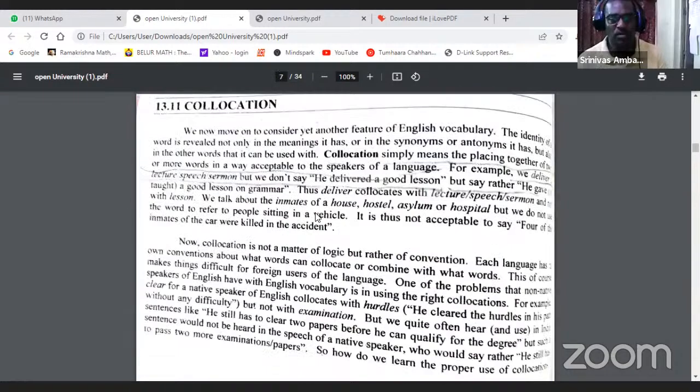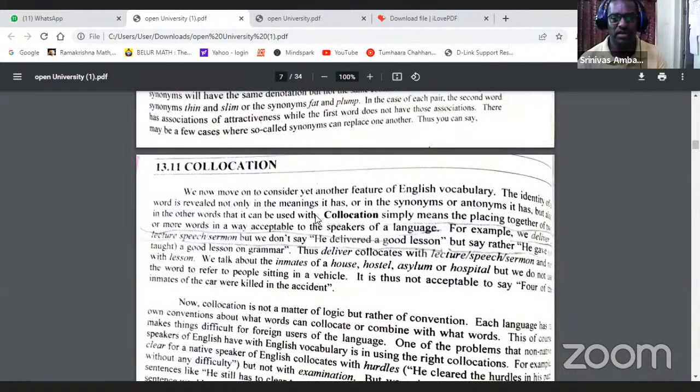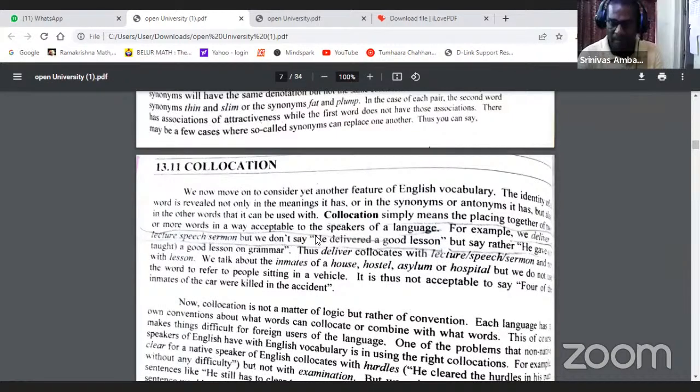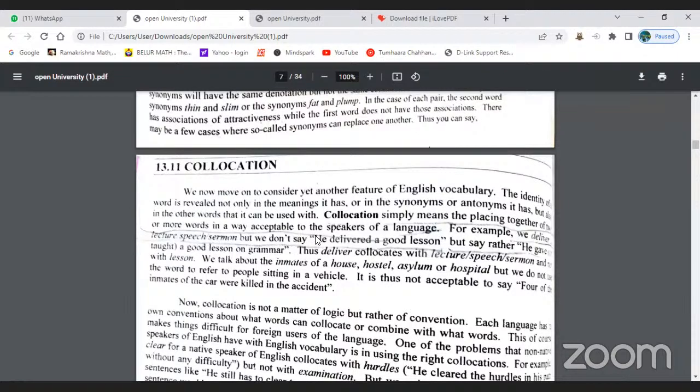Then let me move on. Collocation, another important word. Just check this quickly and tell me what is the meaning of it. Placing of two words or more than two words together.